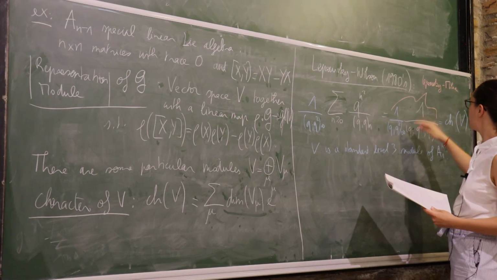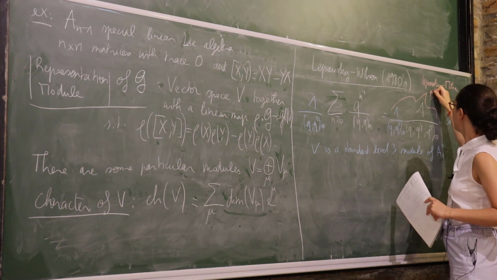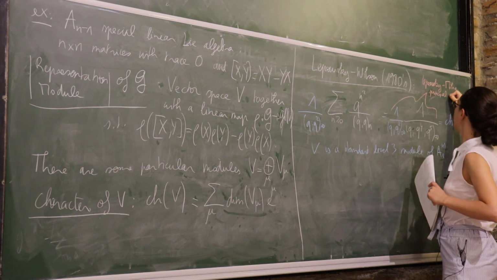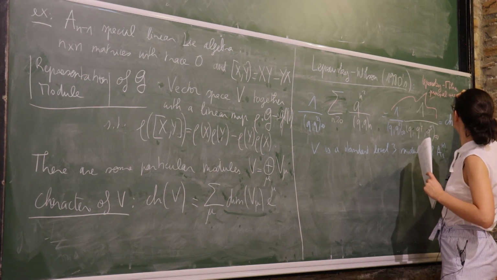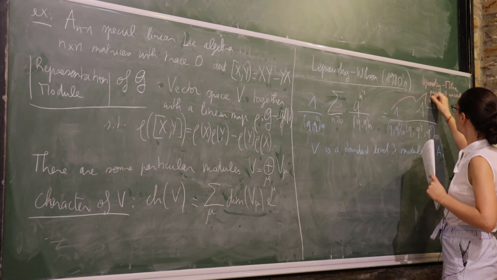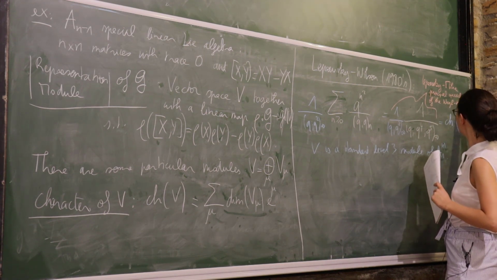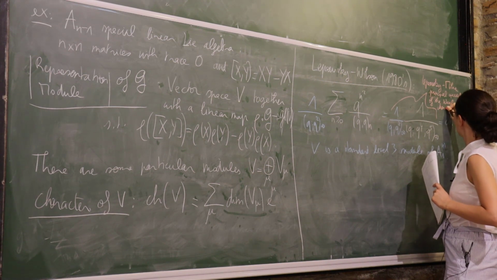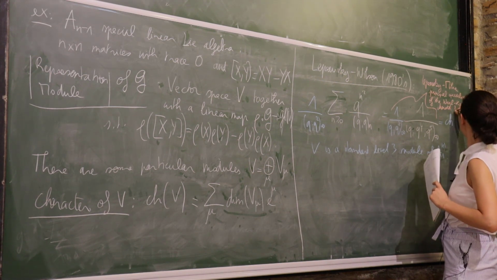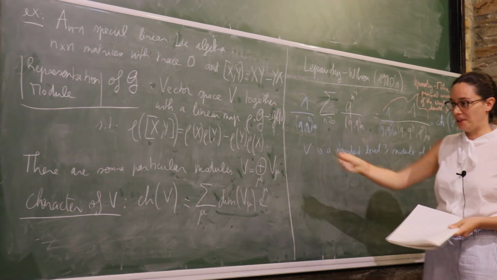So they showed that it is the principal specialization, I will explain what it is, of the so-called Weyl-Kac character formula. I will not tell you what it is exactly, but I can tell you that it's a formula for the character.